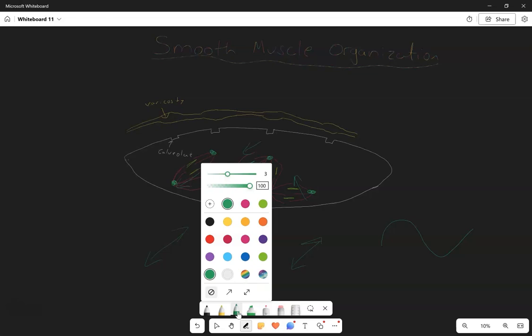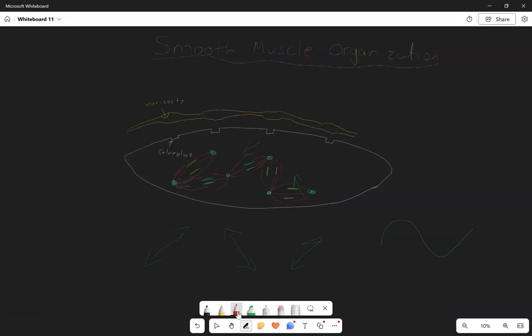Right, so this operates a little bit differently too in terms of getting the signal here, in that you have a neurotransmitter that's housed in these varicosities, and that neurotransmitter will get released from these varicosities and bind to the receptors on the caveoli, ligand-gated receptors, and that signal will just spread out in this direction.